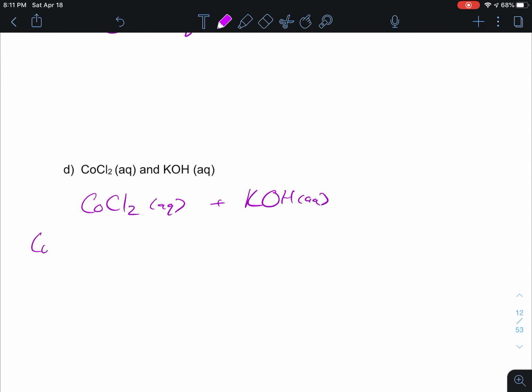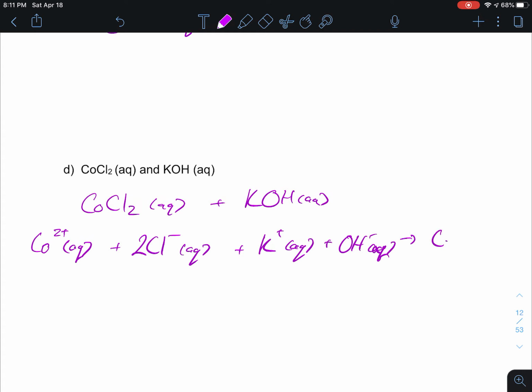So that gives us a cobalt that has a 2+ charge plus 2 chlorine minuses, also aqueous, plus 1 potassium aqueous, plus hydroxide aqueous, and that is all going to form together. So mixing pairs here, a cobalt hydroxide plus a potassium chloride aqueous.